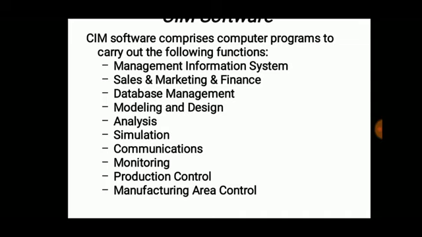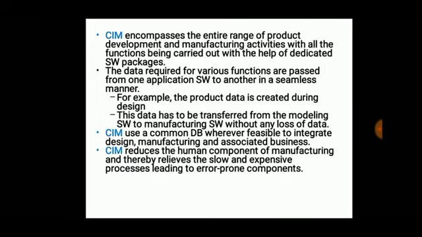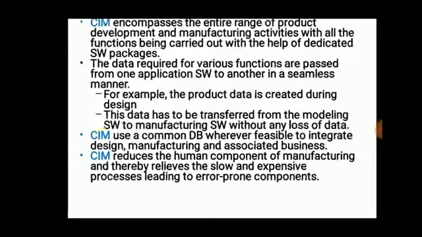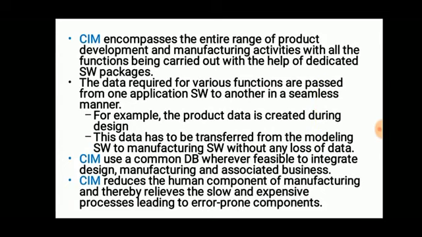The software used includes management information system, sales and marketing and finance, database management, modeling and design, analysis, simulation, communications, monitoring, production control, manufacturing area control, etc. The SIM encompasses the entire range of product development and manufacturing activities, with all the functions carried out with the help of software packages.